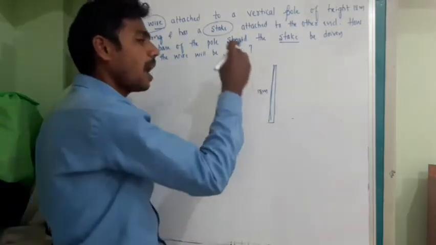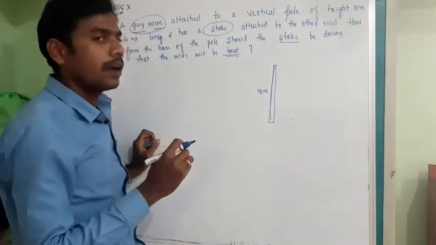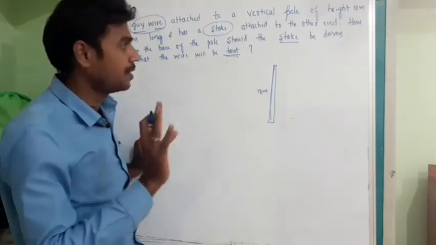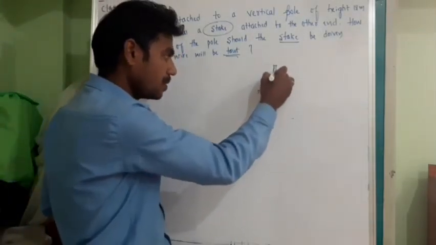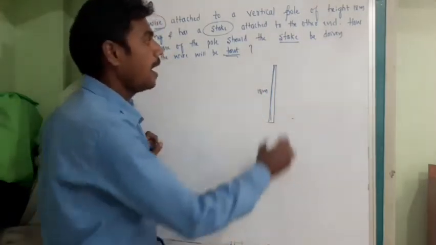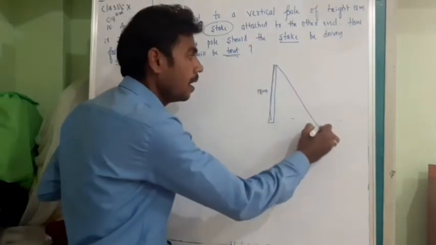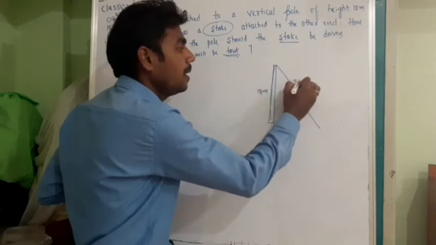Usually they use that metallic wire to strengthen any particular structure. Here they are using it to strengthen this particular pole, and its dimension is 24 meter.